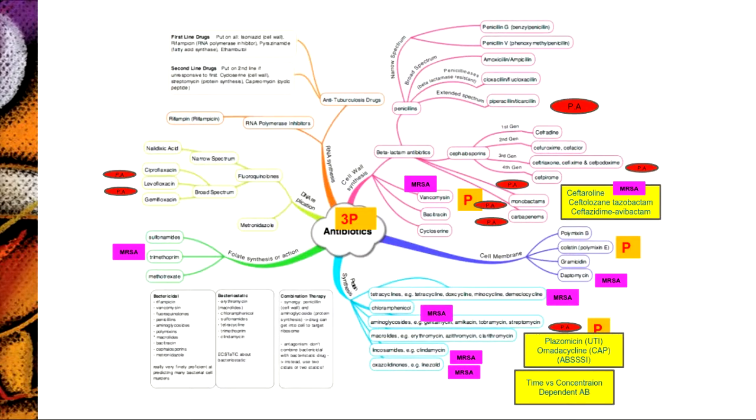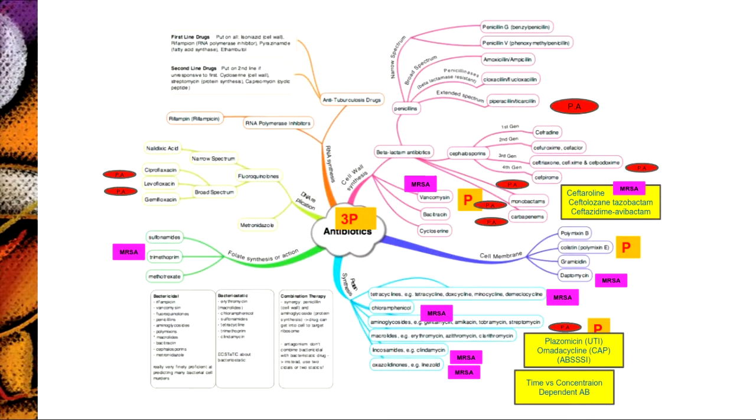On the other hand, the cephalosporins, we have 5 generations currently: first, second, third, fourth, and fifth. The gram-positive coverage is high in the first generation and low in the fifth. As you go up in generation, the gram-negative coverage will increase, and the gram-positive will be reduced gradually.